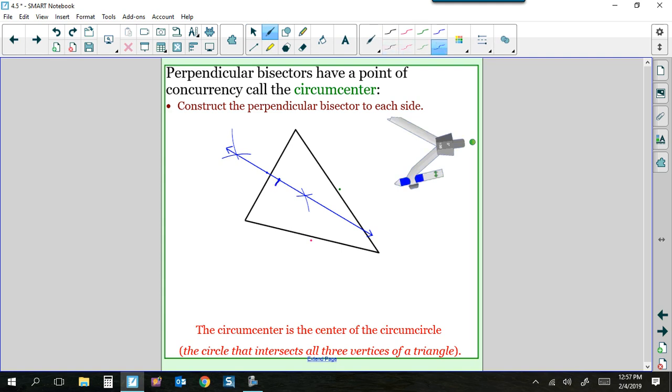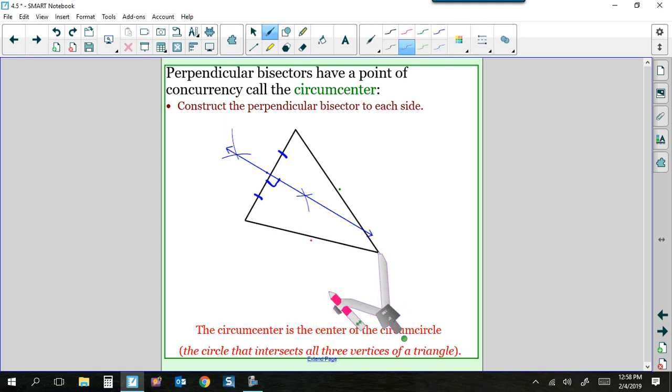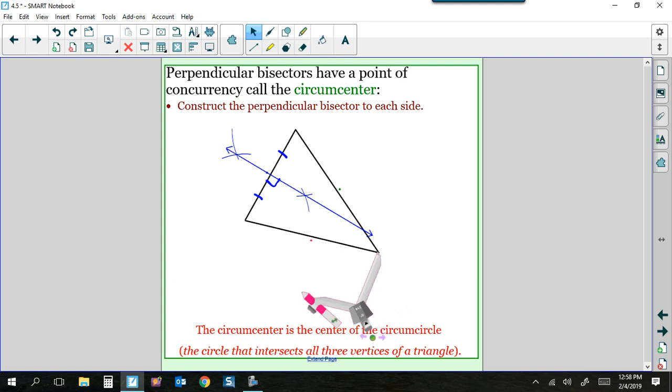And then again, you know that this would be a right angle, and it's a midpoint, so we can go ahead and mark it as such. Then you're going to go through and do this same process for all three sides. So that's the first perpendicular bisector. If we now go to the bottom, you're going to open your compass to what you believe to be over half the distance. Open it a little bigger because it's a longer side.